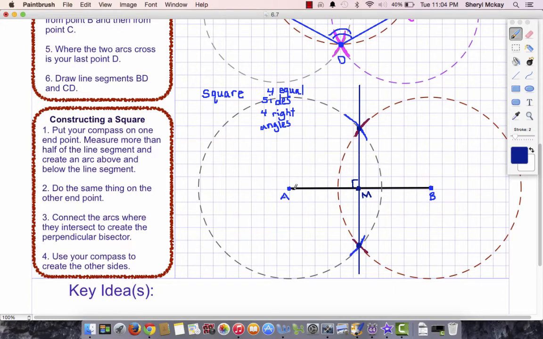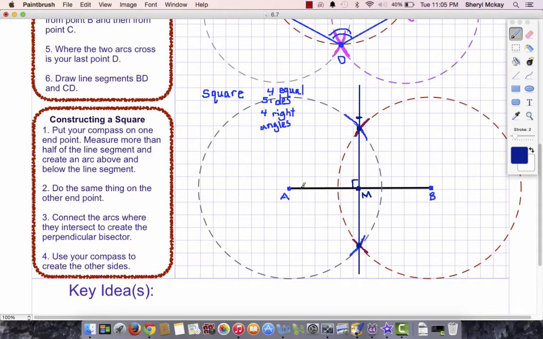I'm going to take my circle from M, or from A, and I'm going to make my arc so that it comes up and it crosses my perpendicular bisector that I made. So it's going to be right about here is where it crosses, if I'm counting correctly, which I'm faking it because I don't have a compass.